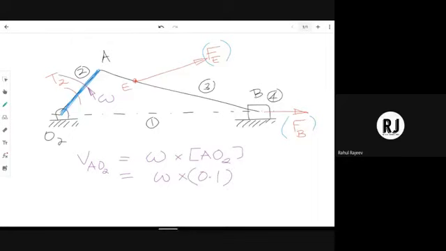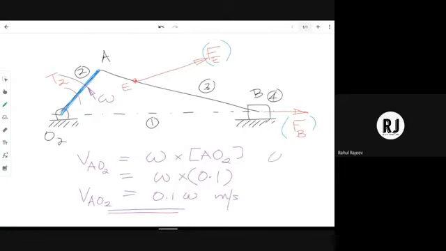So the length of link number 2 is 0.1 meter, and we obtain the velocity of A with respect to O2 as 0.1 omega meter per second. This is the initial velocity that we are obtaining.